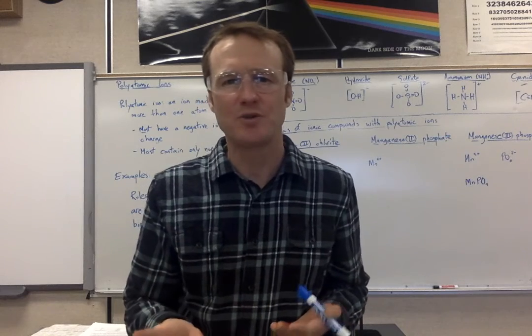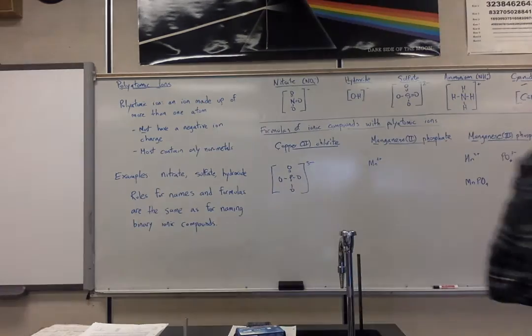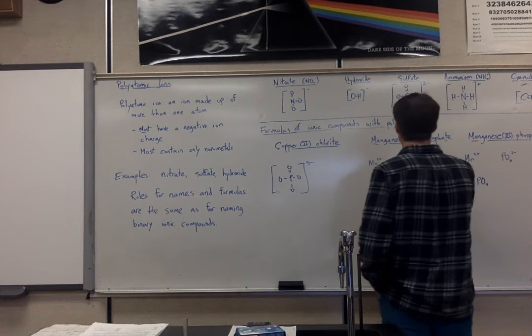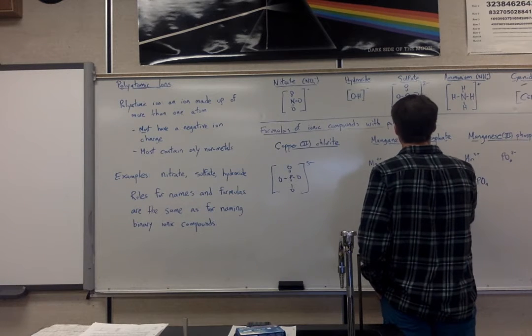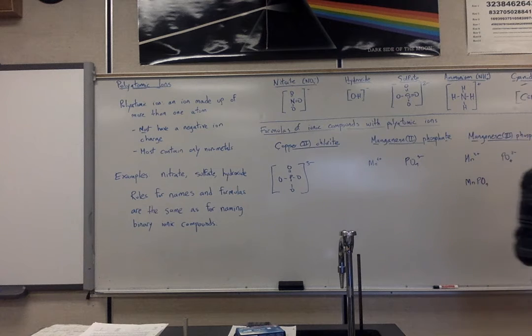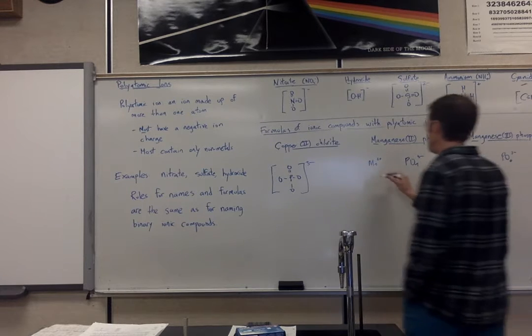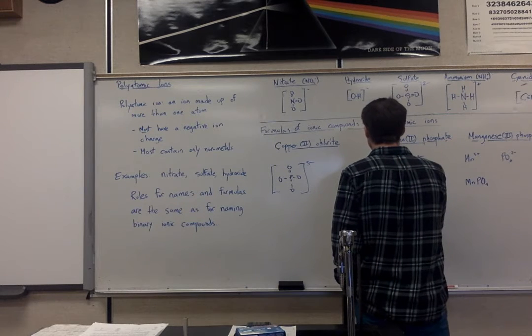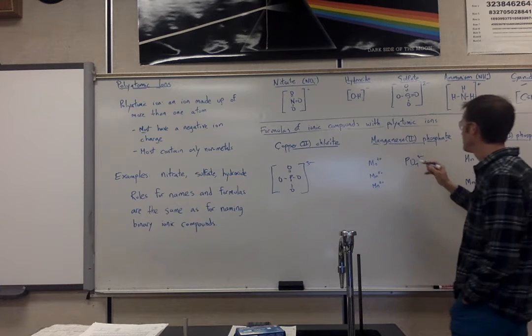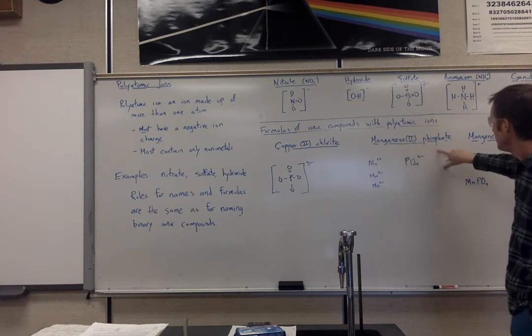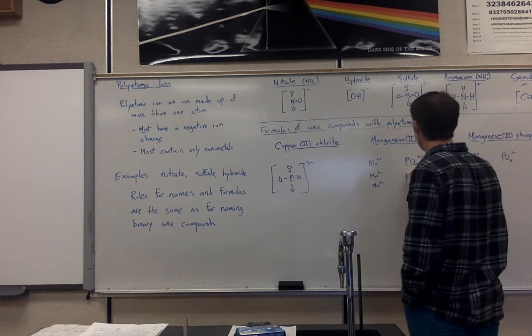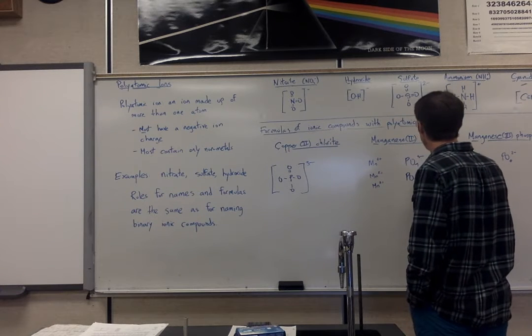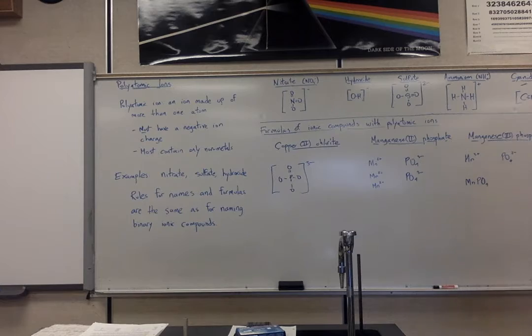Here, using the same rules that I've already taught you, let's write out the formulas for our ions. Well, Mn2+ is manganese 2. So we've got phosphates with a -3 charge.